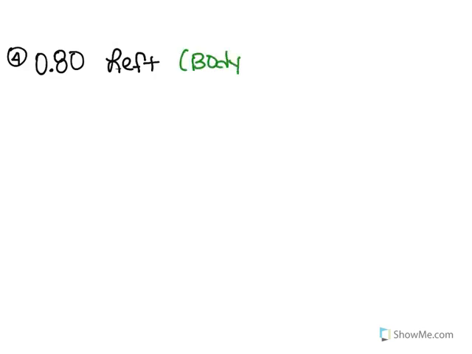So again, we know that 0.80 is definitely bigger than 0.5. So that's a body measurement, so we're looking for that actual number. When I go and look on the table, I'm looking for where the 8,000s start.